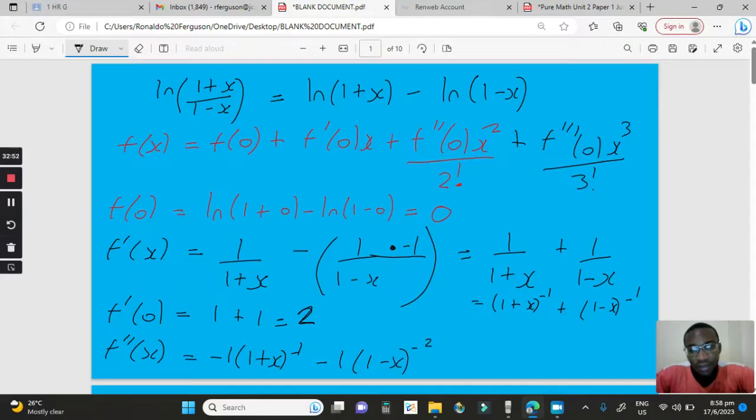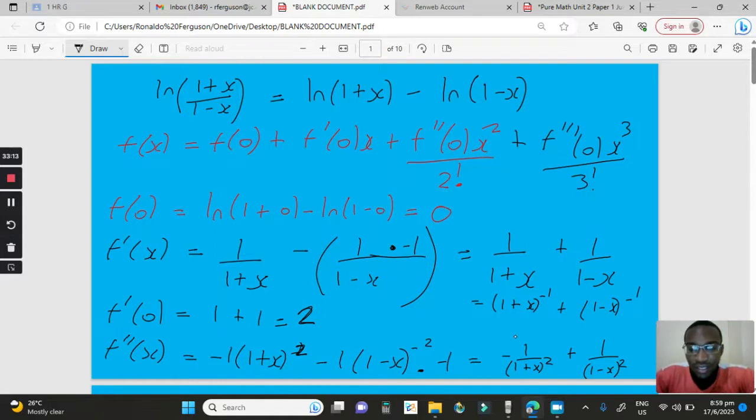Then I times it by the negative 1 here. Then minus and minus, let it be plus. So this is minus 1 over 1 plus x to the second power. And then right here, minus and minus is plus, so now I have plus 1 over 1 minus x squared.